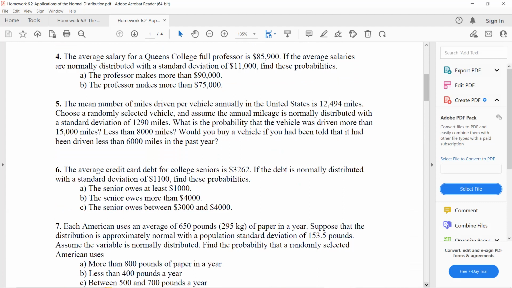A, the professor makes more than $90,000. And B, the professor makes more than $75,000. These are separate problems, but we don't have any betweens in this problem. See if you can set up A.